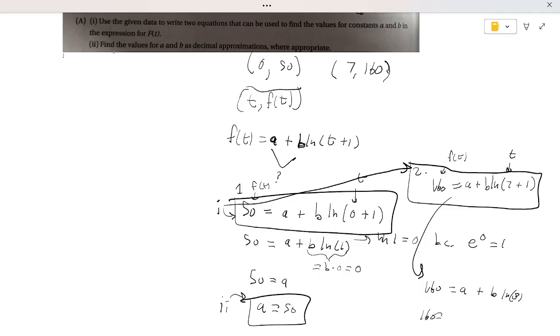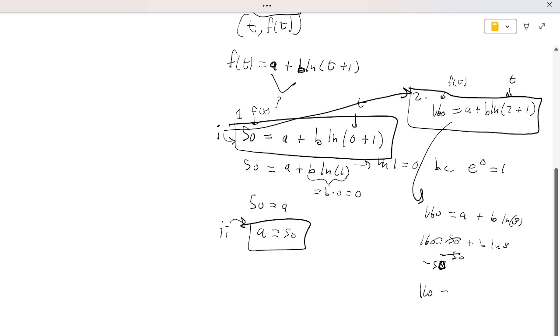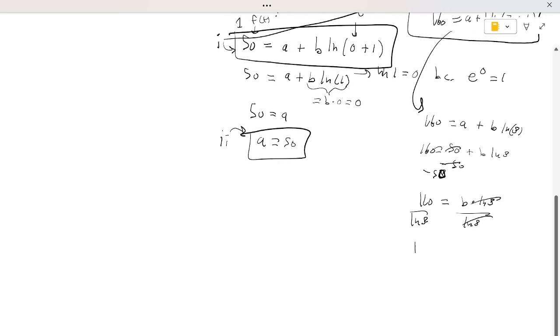So 160 is equal to 50 plus b natural log 8. Let's subtract 50 from both sides. We get 110 is equal to b times natural log 8. I'm going to divide both sides by natural log of 8 to undo that multiplication. I get b is equal to 110 over natural log 8.